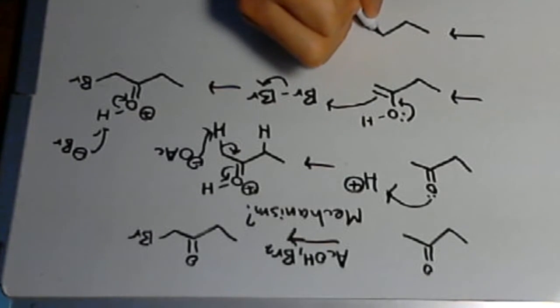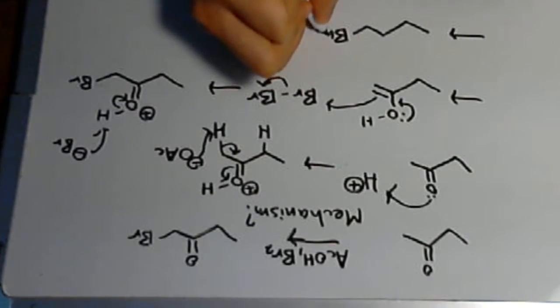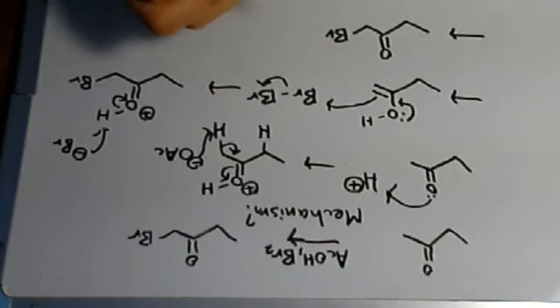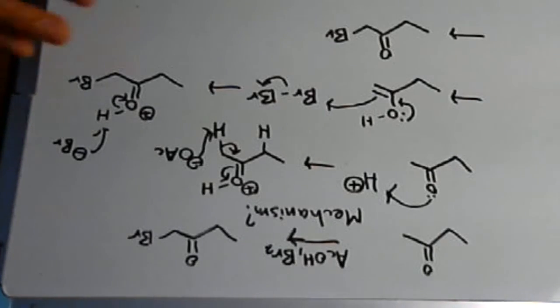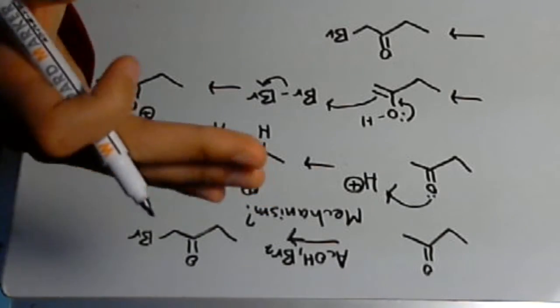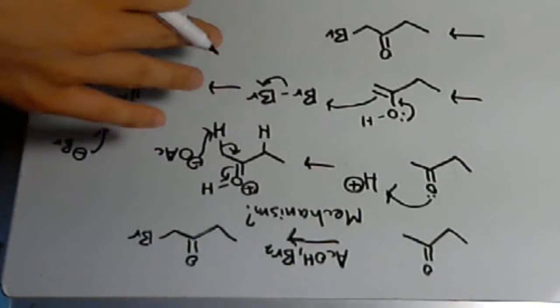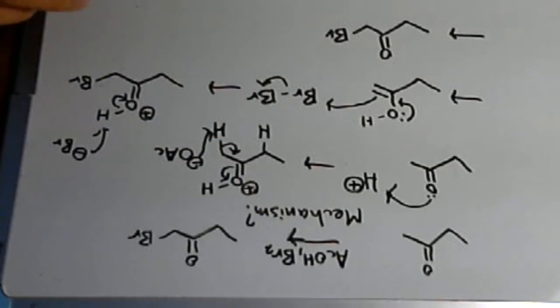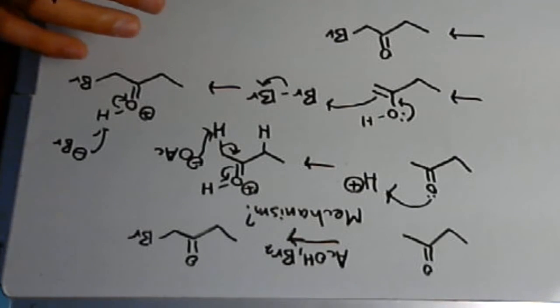And that's going to give us our product. So there you go. You just figure out what are the characteristics of the compounds, and you just work through the steps and ask yourself if each of the steps individually makes sense.